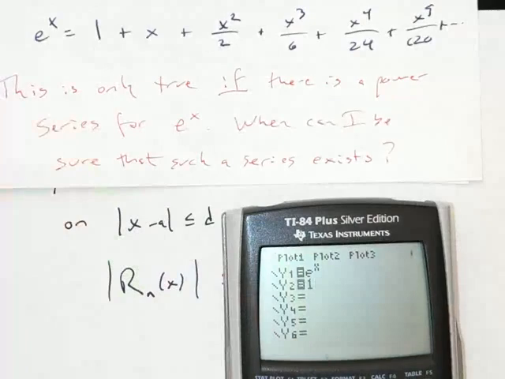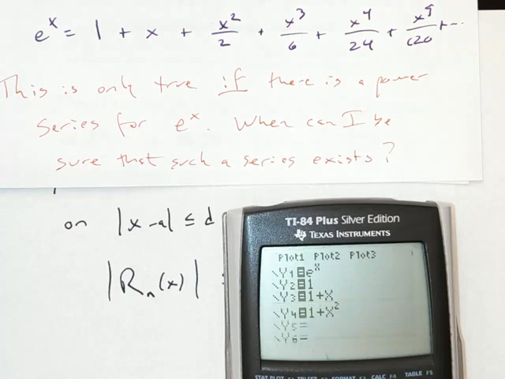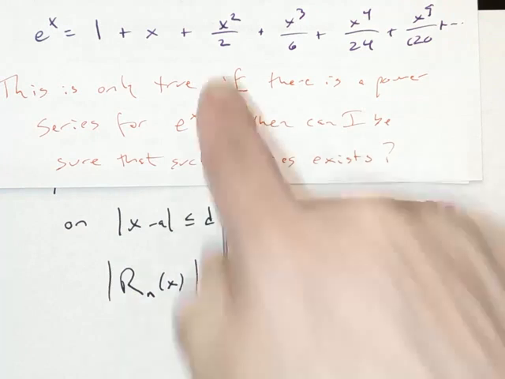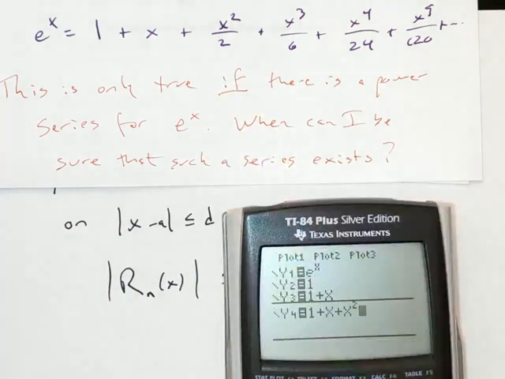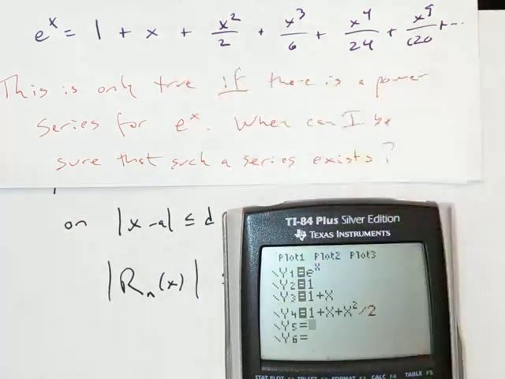I'm going to graph 1 plus x, 1 plus x plus x squared over 2, right? That would be the first 3 terms.